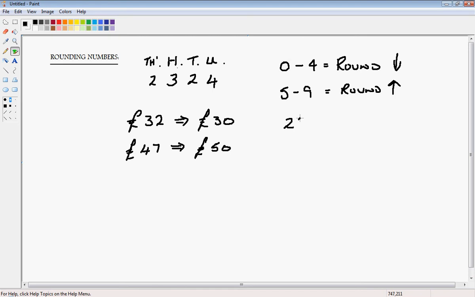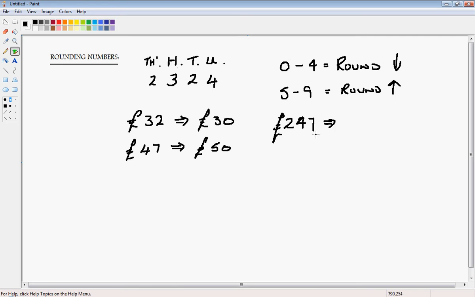So let's say we have 247 pounds. Now it doesn't have to be pounds, but I find that if you think in terms of money, you know, people can understand it a lot easier. Now if they said round this to the nearest £10, now the 200 is still going to be 200 because we're only rounding the tens.